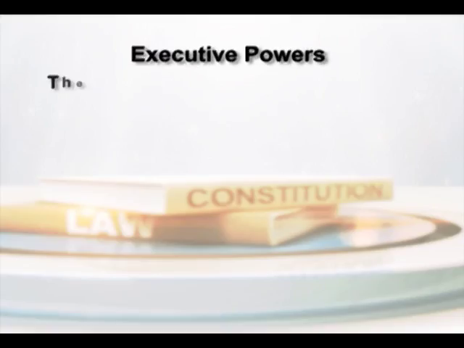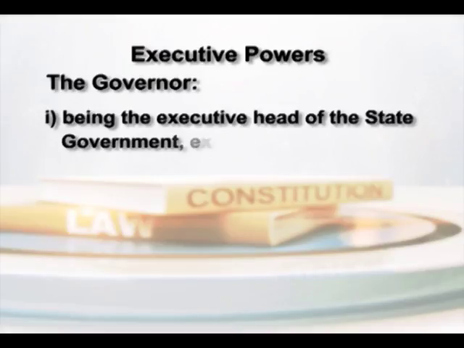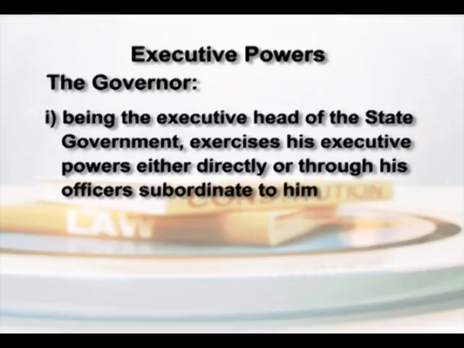To start with, the first of the four categories of power that has been mentioned earlier happens to be the executive power. The executive powers of the governor are as follows. Firstly, the governor is the executive head of the state government.